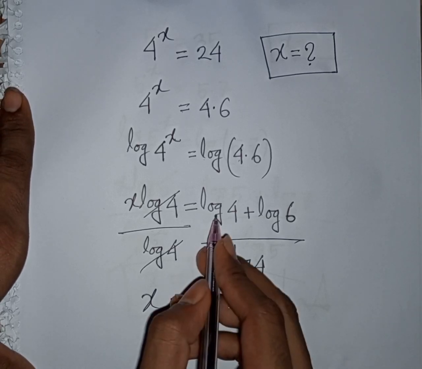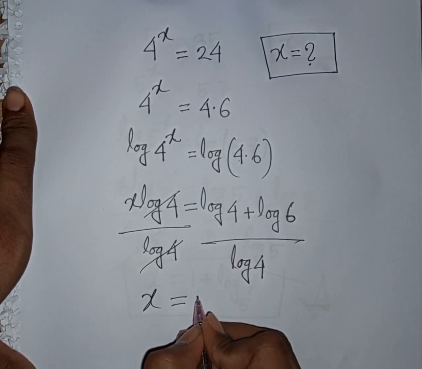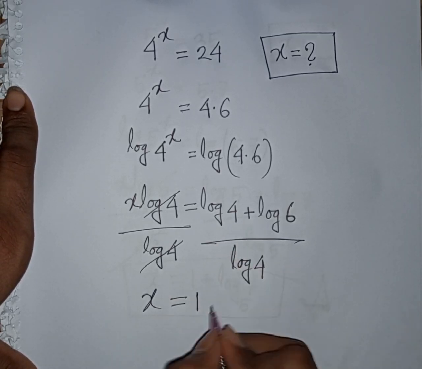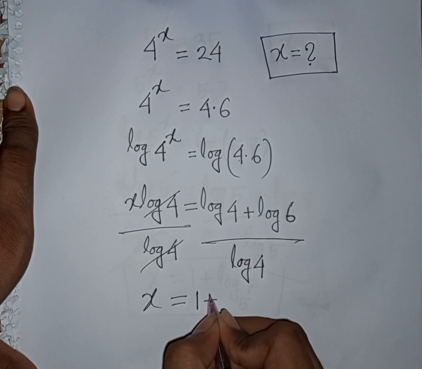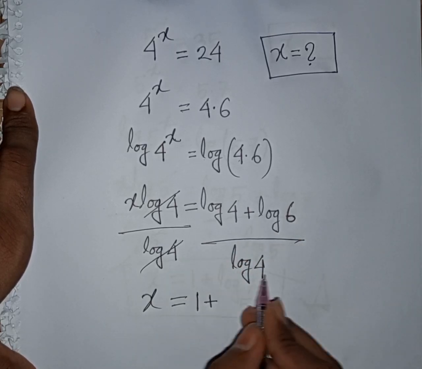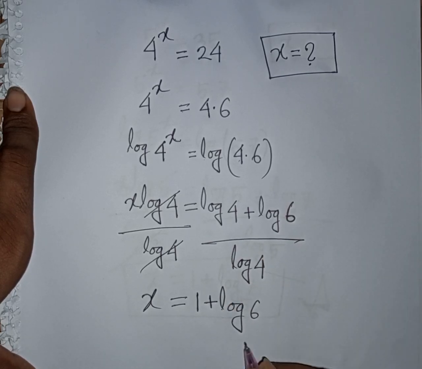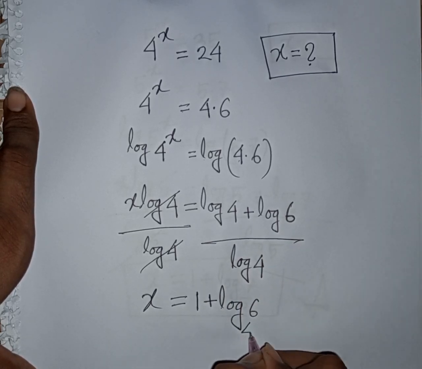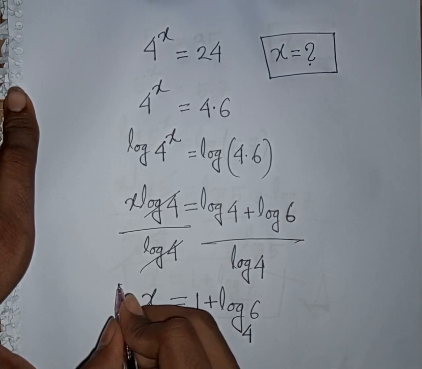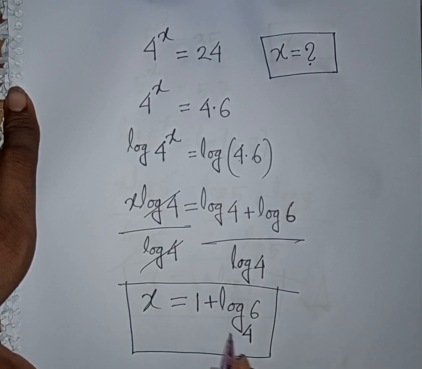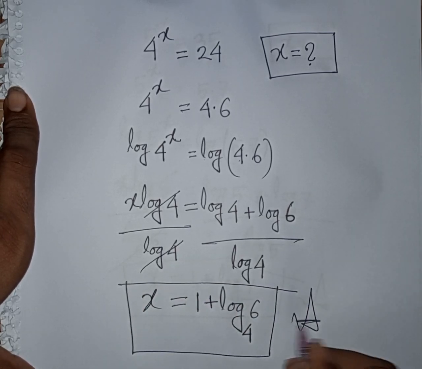That means log 4 over log 4, that means 1, then plus log 6 over log 4, that means it will be log 6 base of 4. So this is the value of x, so this is our final answer.